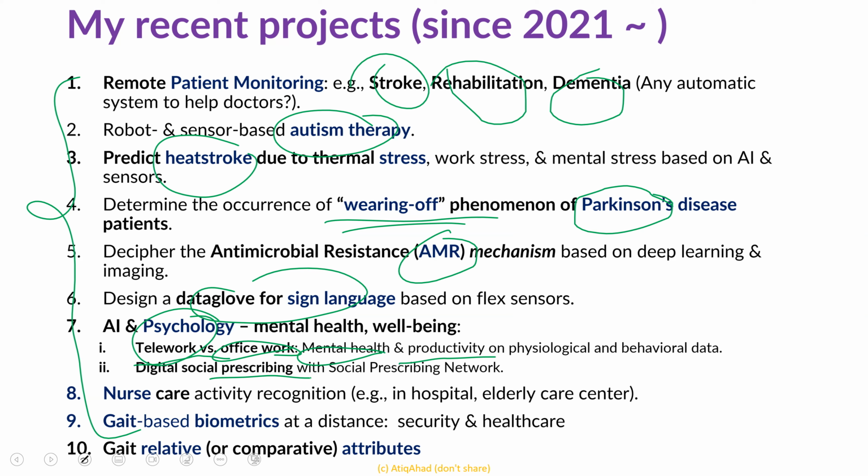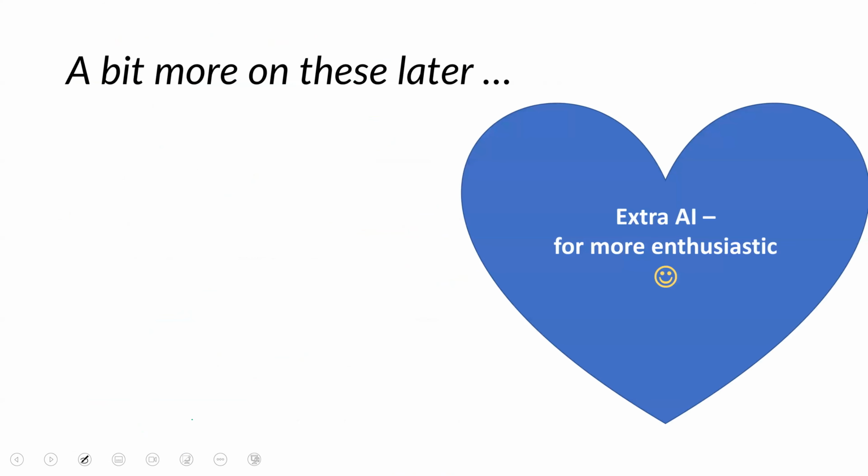Digital social prescribing with the social prescribing network, nurse care activity recognition, gait-based biometrics, and so on. These are the different things we can see in healthcare applications of AI.